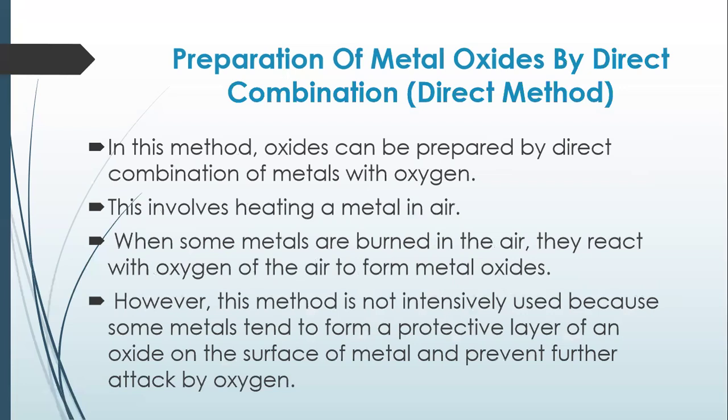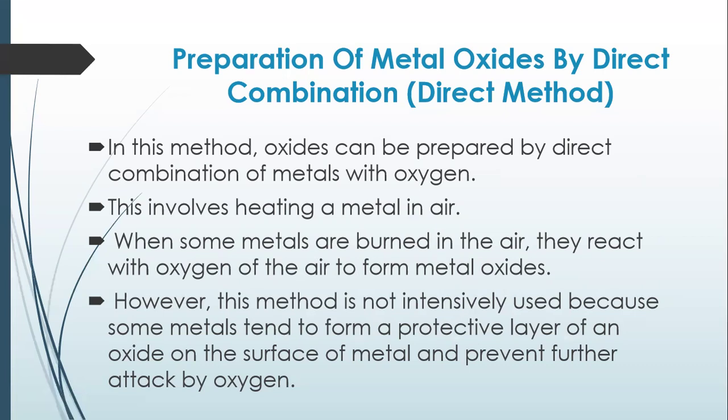Now let's discuss the first method, that is the preparation of the metal oxides by direct combination, or just the direct method. In this kind of method, oxides can be prepared by direct combination of metals with oxygen, or simply burning the metals in air. So it involves heating a metal in air.